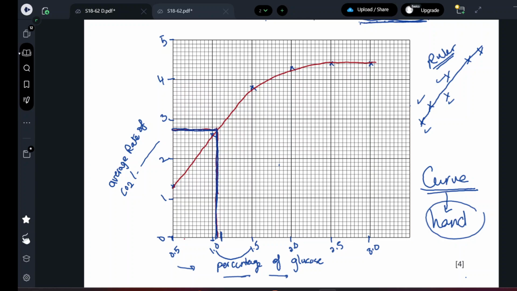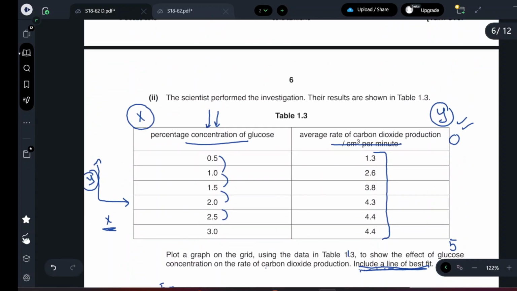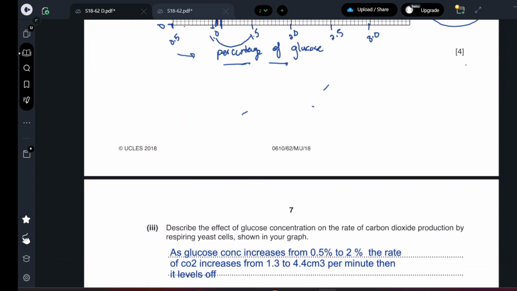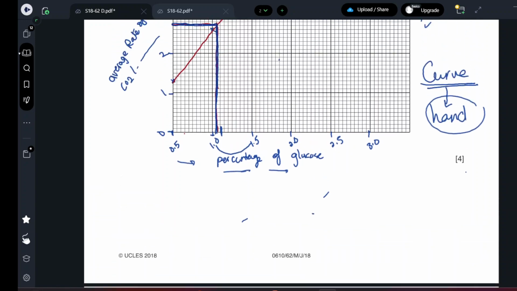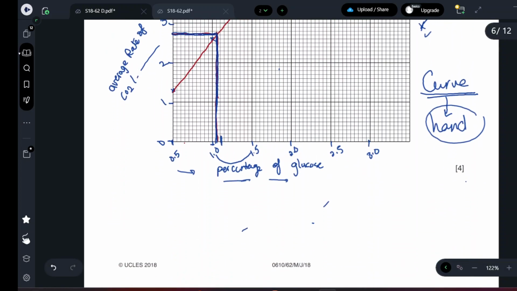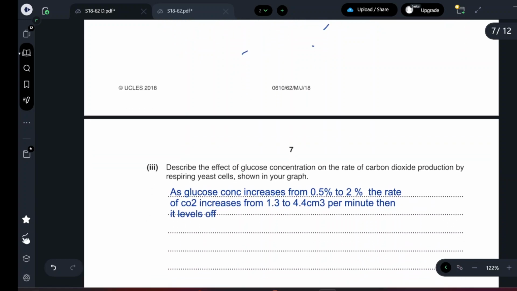With the unit, please. You have to use the unit: 1.3 cubic centimeter per minute to 4.3 cubic centimeter per minute. And then it levels off. After this, it stays constant at 4.4. It levels off and stays constant.